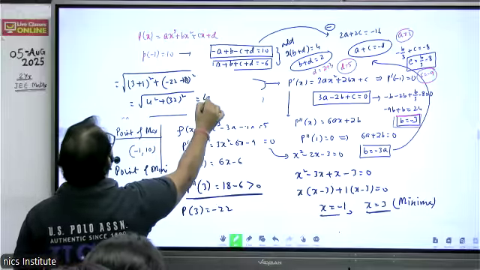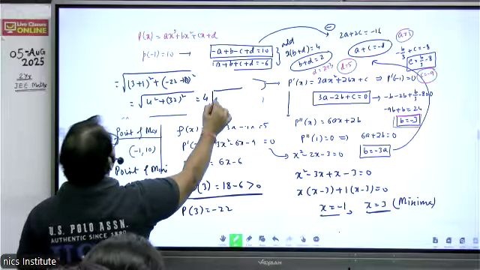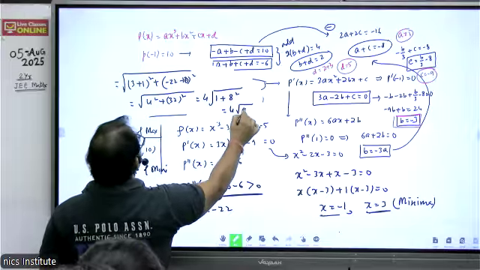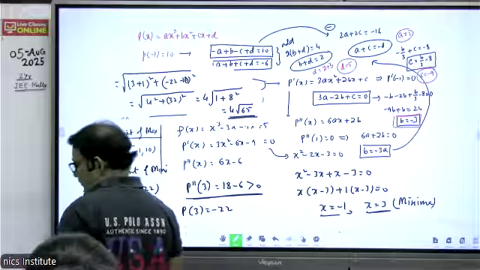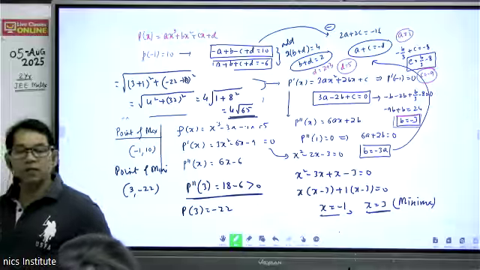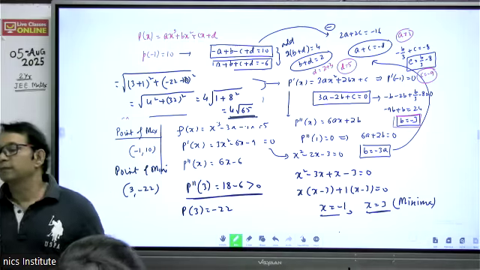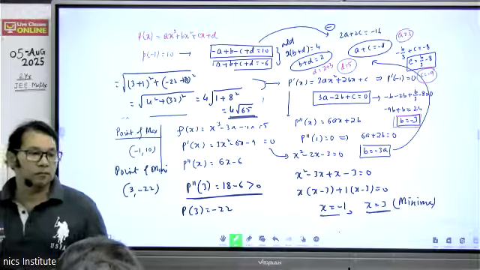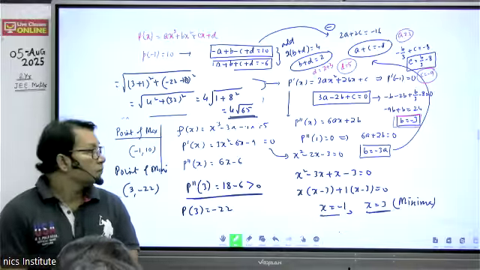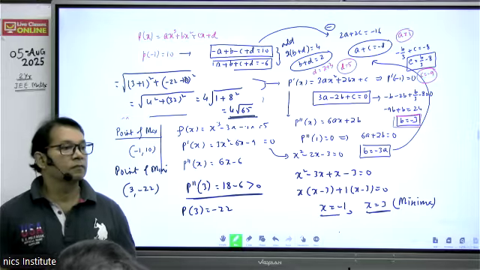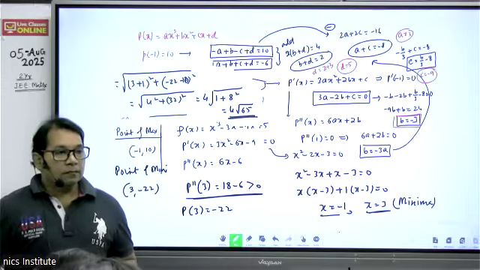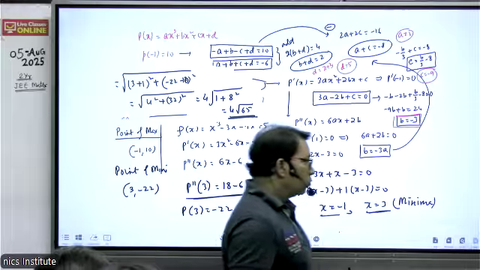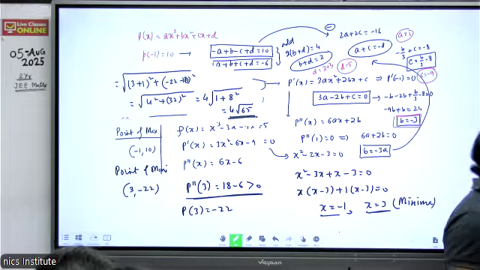I take 4 square out. So it'll be 1 plus 8 square. 4 root 65, right? We're supposed to find the distance between point of maxima and point of local minima.